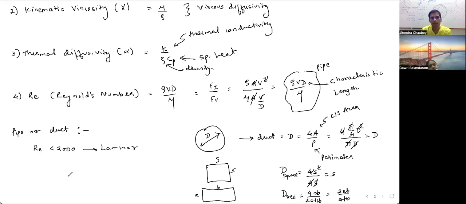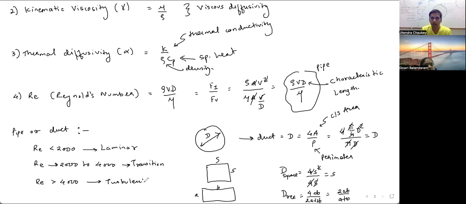If Re is ranging from 2000 to 4000, then the flow is called in the transition zone. And if Re is more than 4000, the flow is called turbulent.